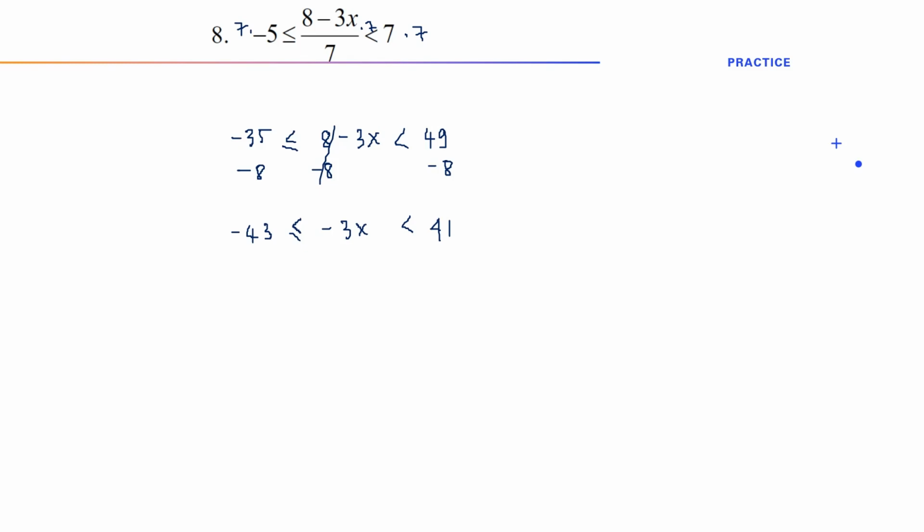Now divide all by negative 3, so with negative numbers we change the directions. Negative 43 divided by negative 3 is 43 over 3, greater than or equal to x, greater than negative 41 over 3.